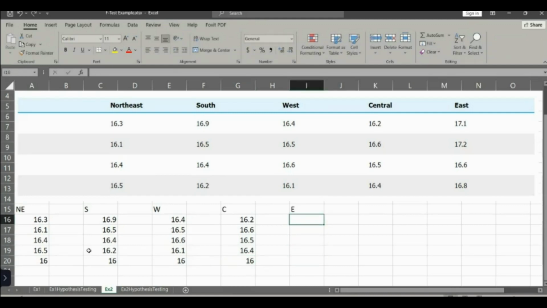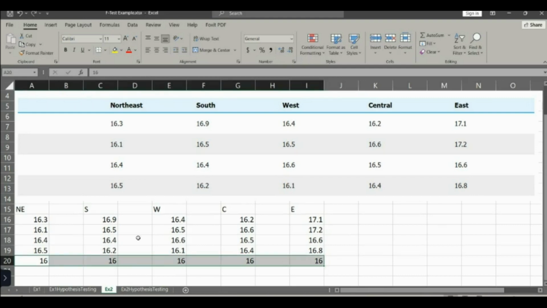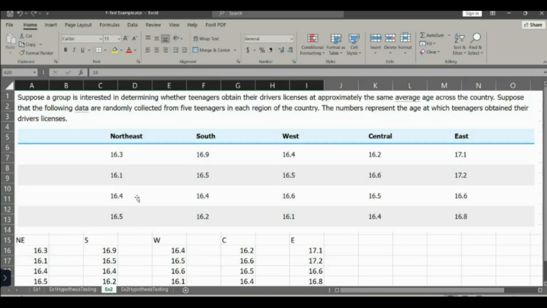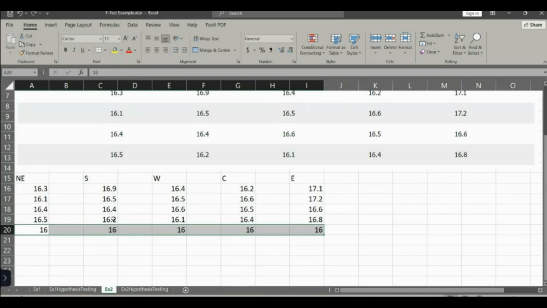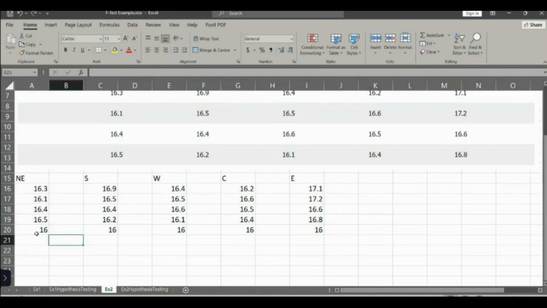East, we have 17.1, 17.2, 16.6, 16.8, and 16.0. So this is what we added, the fifth teenager for each region. They are all 16 years old.